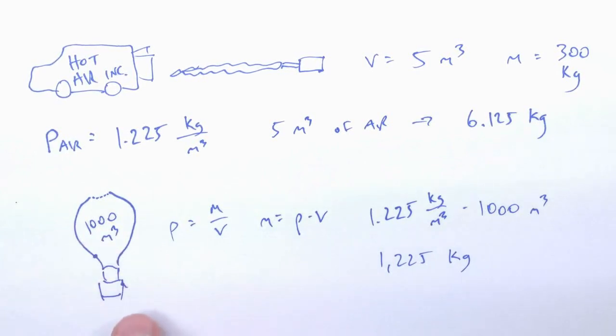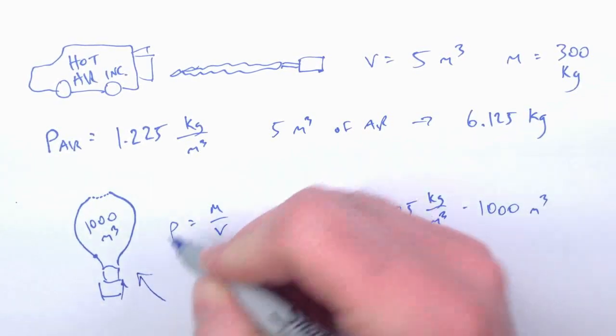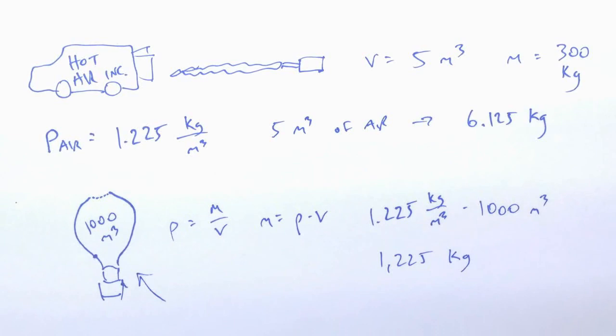And remember that the hot air balloon itself weighs 300 kilograms, which means this thing, okay, has a total mass of 1,525 kilograms.